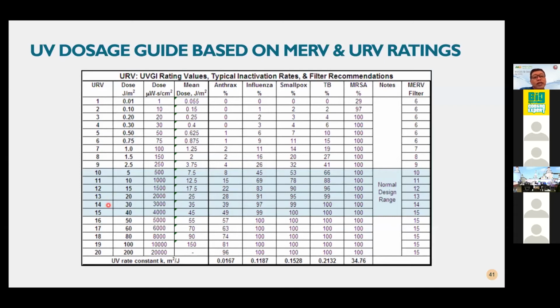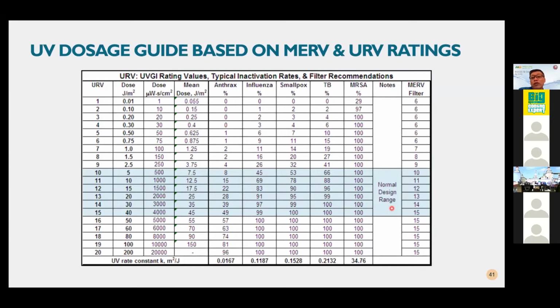URV 13, 14, maybe we talk about 14. URV 14 requires around 30 joules per meter square. So if we talk about URV 14, then you have to combine it with a filter. You will require a MERV 14 filter as well. So we are talking about a MERV 14 filter and also a lamp with the intensity of URV 14. So you require this kind of dosage from the UVGI lamp.